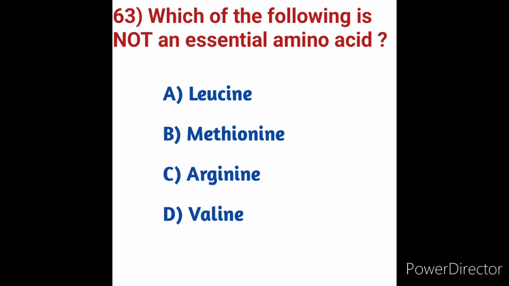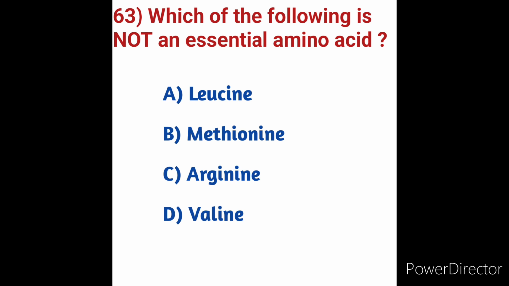The 9 essential amino acids are, just write down friends, histidine, isoleucine, leucine, lysine, methionine, phenylalanine, threonine, tryptophan and valine. These are all the essential amino acids.